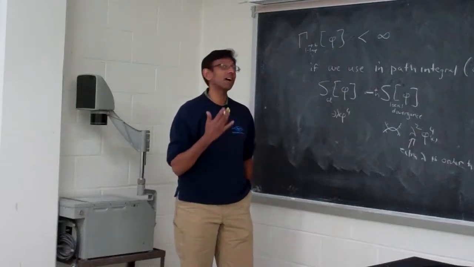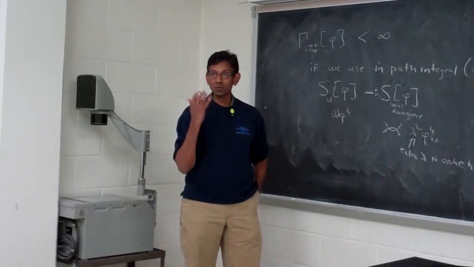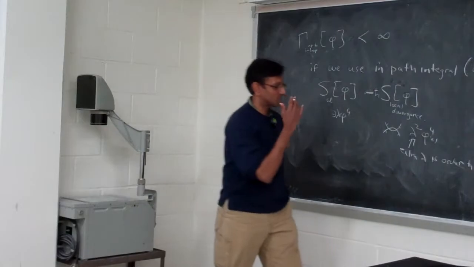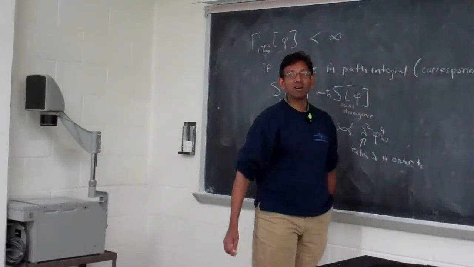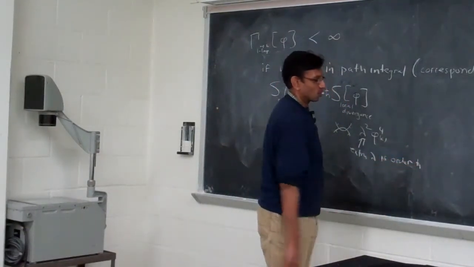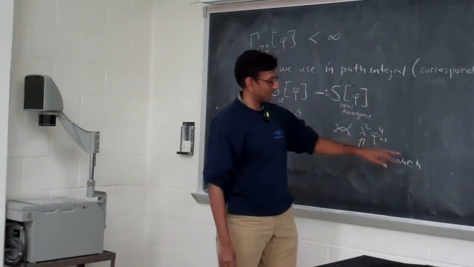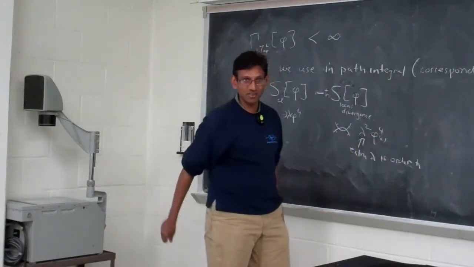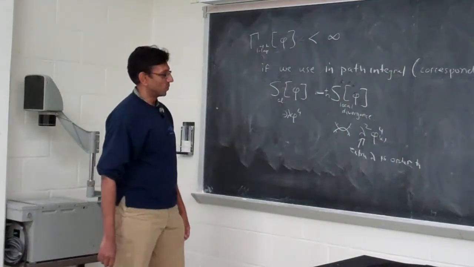Because for phi to the fourth field theory, lambda is the loop counting parameter, which is the secret of what I mean by h bar. That's why we wrote the action in a form where lambda and h bar appear in the same place in the path integral, so that we can say it quickly.